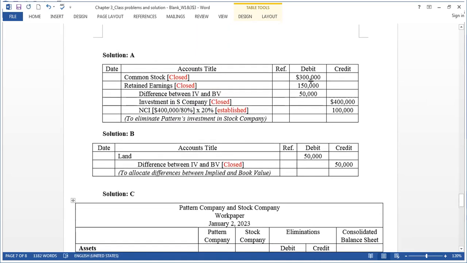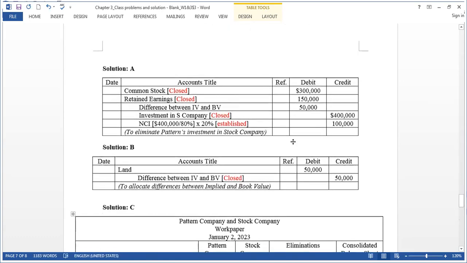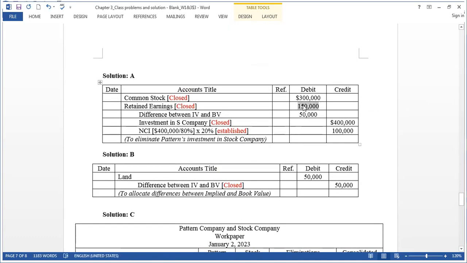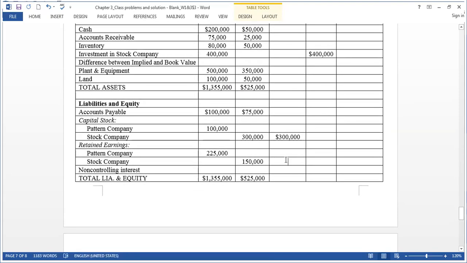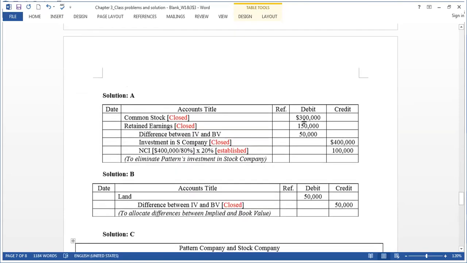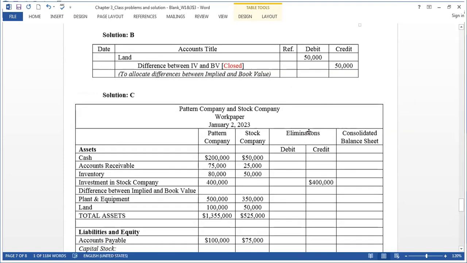We find that common stock is debit. We copy common stock here, which is the common stock of the subsidiary. Then retained earnings debit, copy it. Then we have difference debit.